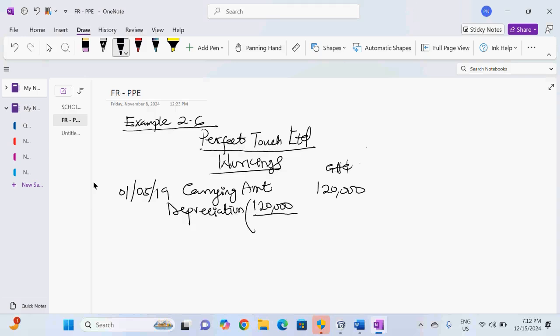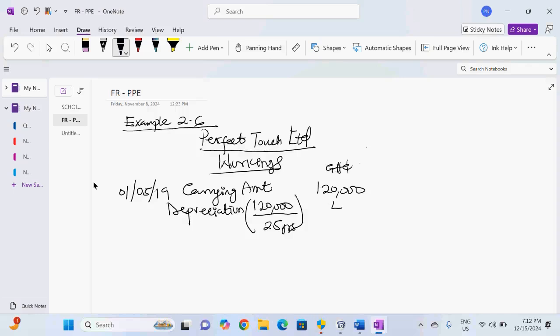So that is 120,000 divided by useful life of 25 years. What are you getting? 4,800.